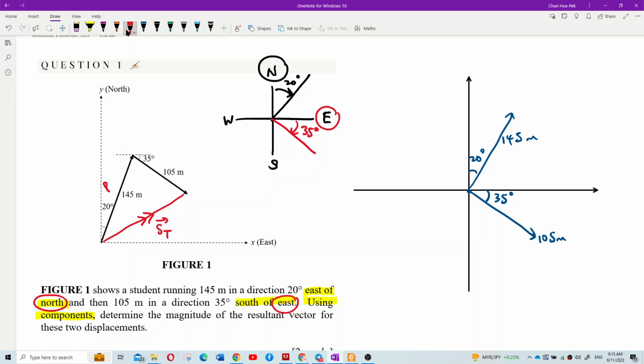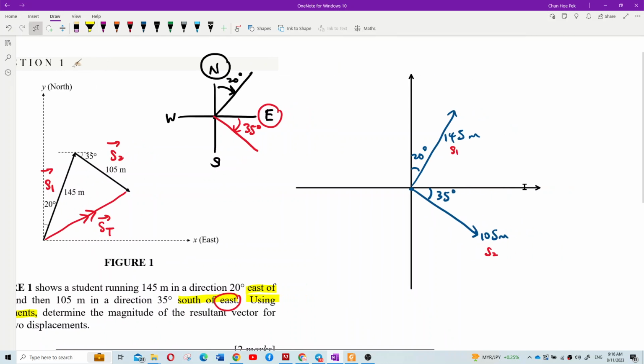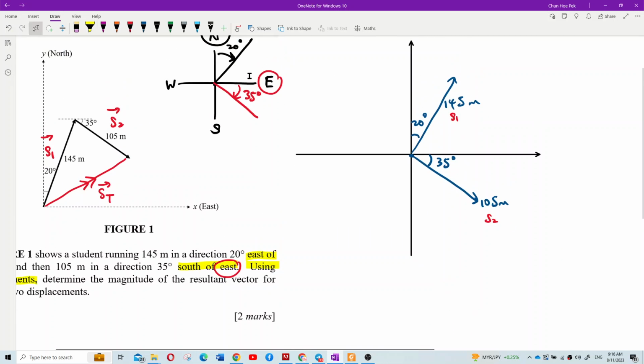Here we have S1, S2. So the total is this one. To find the total, we must make all start from origin. This is S1, this is S2. So resolve the vector, find components.